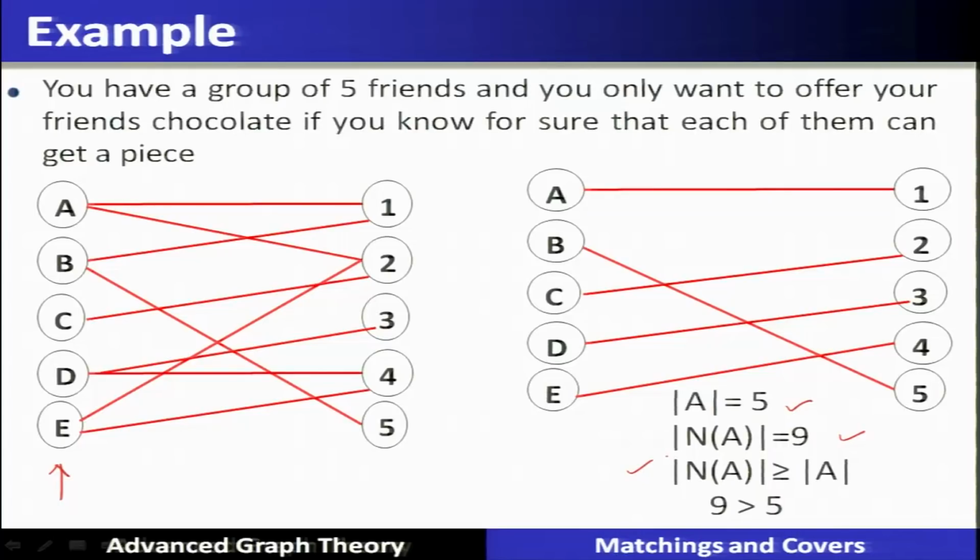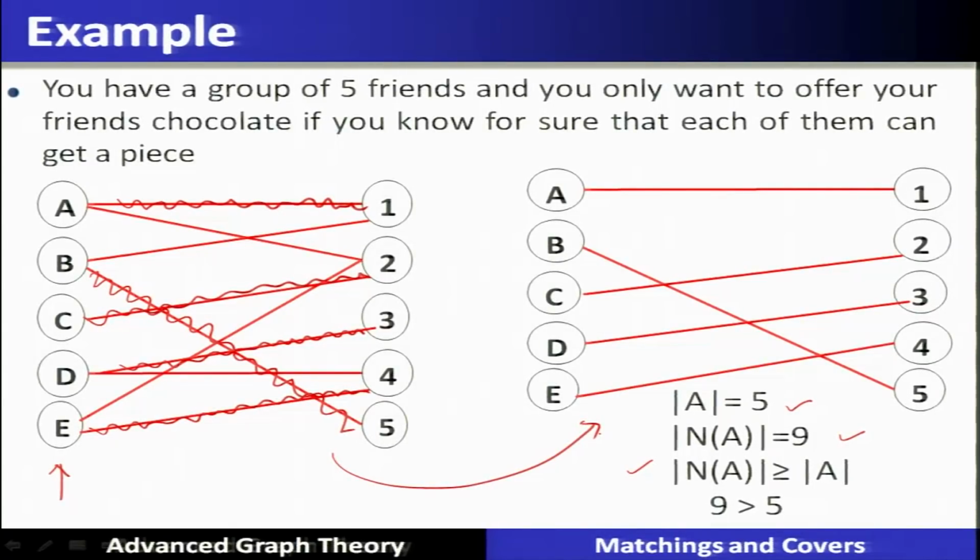There is a possibility of a matching: A can be matched with 1, his own preference, then B can be matched with the preference 5, C can be matched with the preference of 2, D can be matched with the preference of 3, and E can be matched with the leftover 5. So, there is a possibility of a matching.